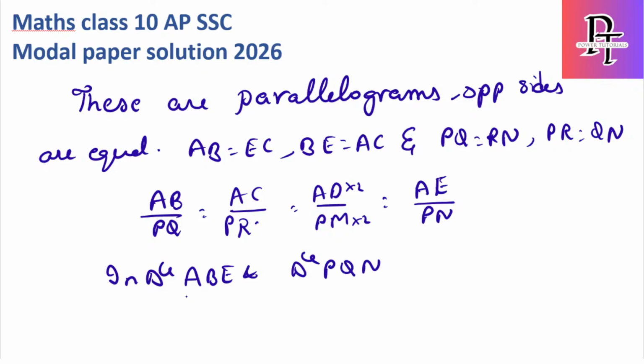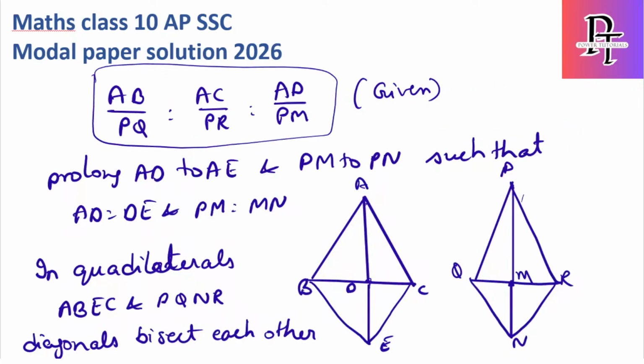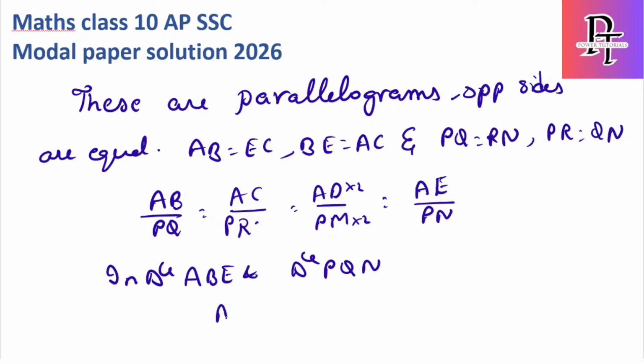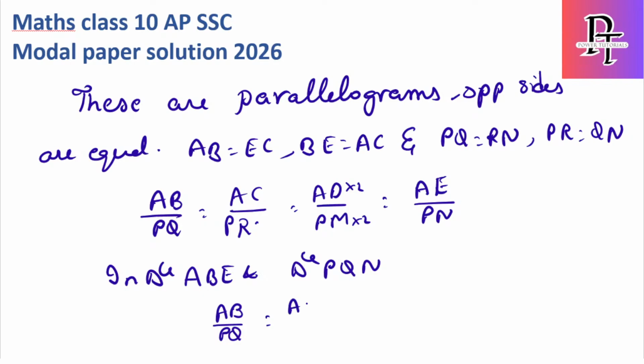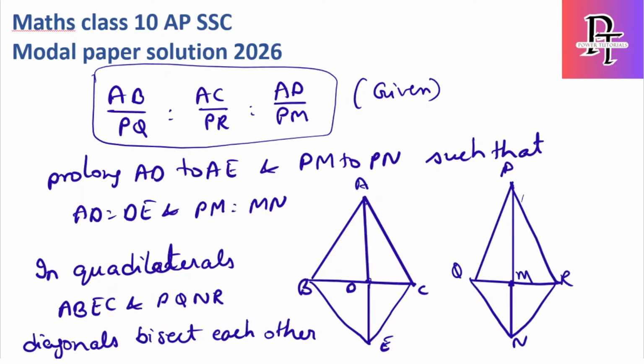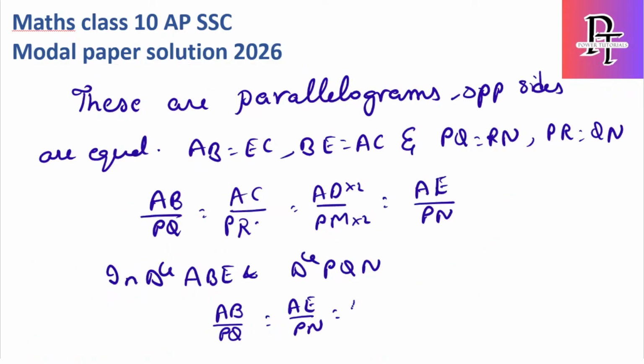If you consider these two triangles, then I have AB by PQ is equal to AE by PN, which is equal to the other sides, BE by QN.